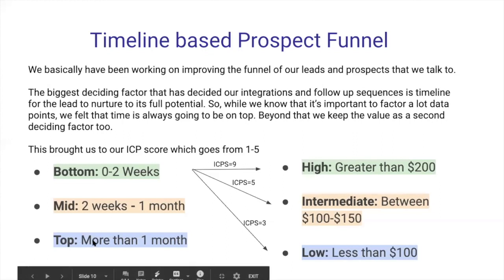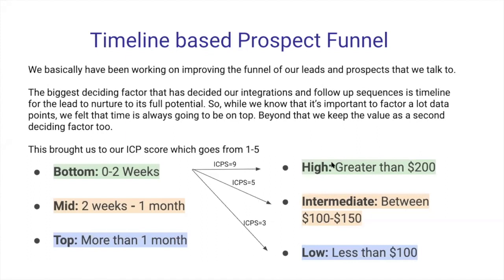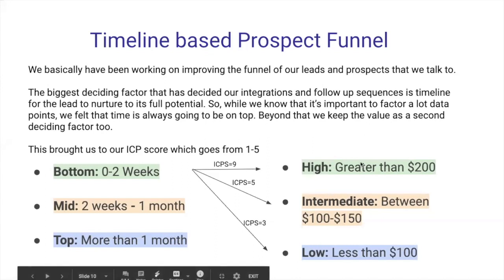Of course, you all can have a different funnel system as well. That's not a problem at all. Then the second factor is where we consider the value part, which is high, intermediate, and low. Of course, that's going to be different for every organization.